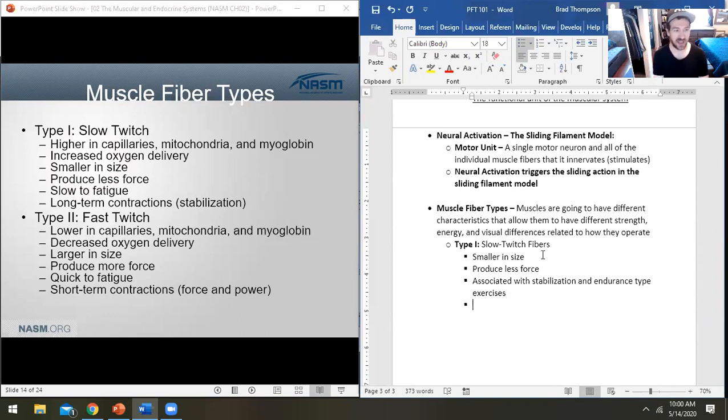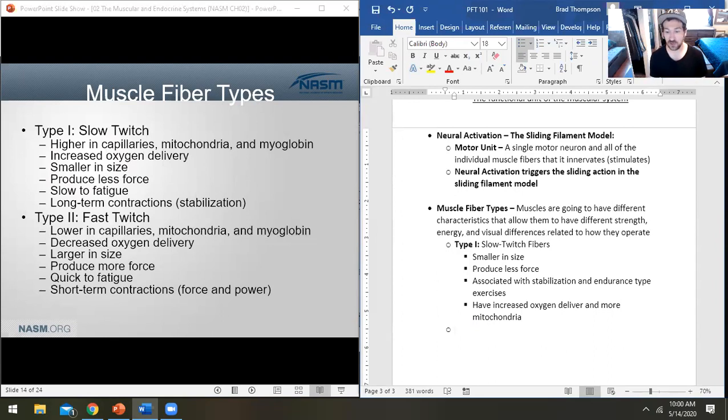They also have increased oxygen delivery, and therefore more mitochondria. Mitochondria is where you are producing energy with aerobic metabolism. They have less size, therefore they have less fluid than your anaerobic or type 2 fibers, right?